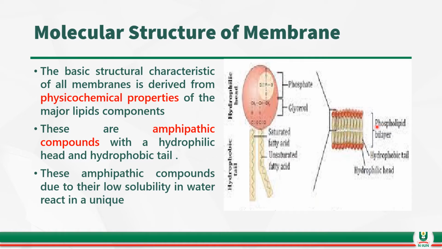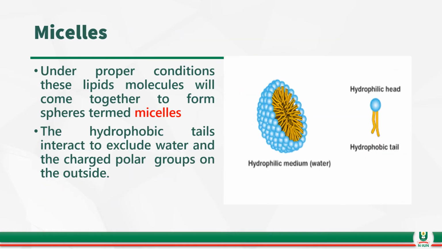Lipid, we call it the phospholipid bilayer. You can see they arrange themselves in two layers to protect the tails from water, whereas the heads face water. So phospholipids arrange themselves in this way, and in doing so, they form what we call micelles.